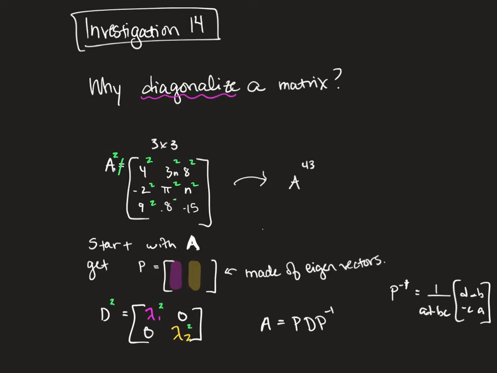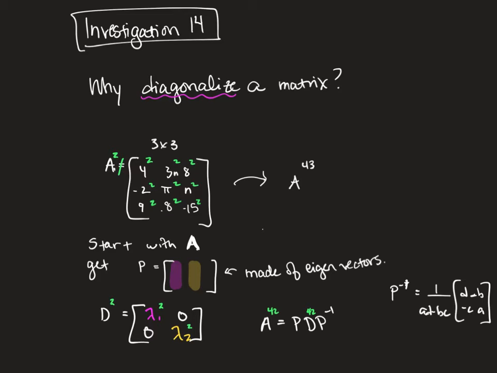It only works if you actually have a diagonal matrix. So in this case, if I wanted to know A to the 42nd, what I could do is say, hey, I know D to the 42nd because I just have to raise every eigenvalue down the diagonal, and then I can multiply it by P and P inverse. That's 3 multiplications, and this is 42 multiplications, and I'd rather do 3.